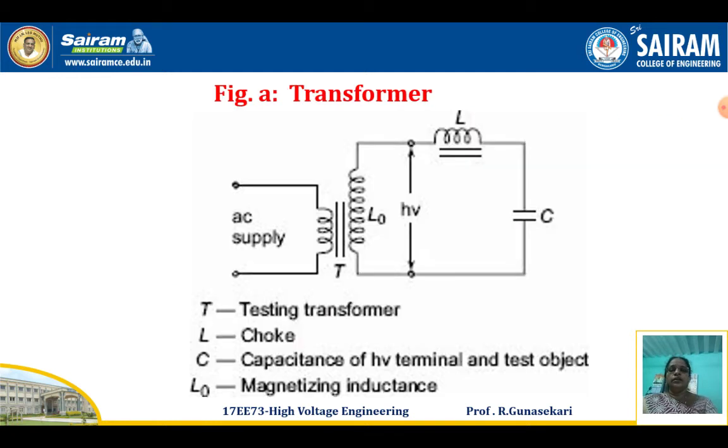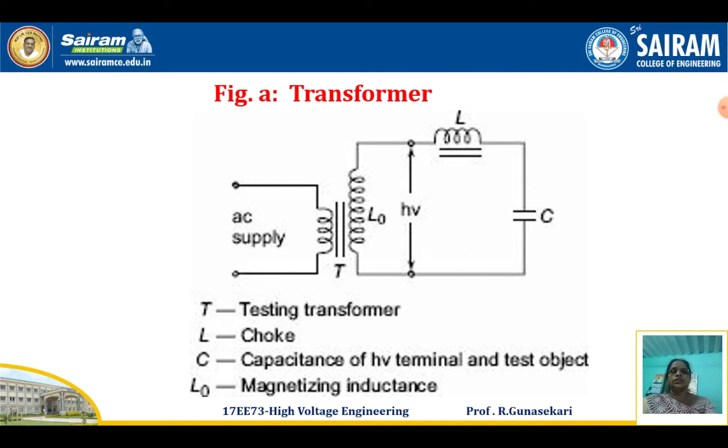Now you see the circuit diagram. Figure A represents the resonant transformer circuit. T is the testing transformer, L is the choke, C is the capacitance of the high voltage terminal and test object, and L0 is the magnetizing inductance.